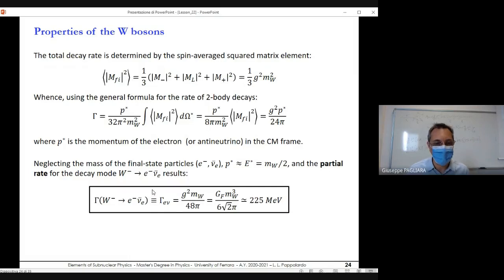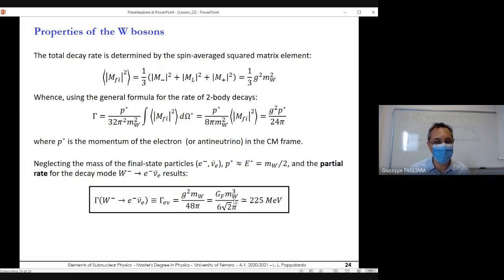Okay, and so what we obtain at the end of this story is the partial width for the decay of the W into electron neutrino, in terms of quantities that we can calculate or measure. We have the coupling, the mass of the W, and some constant. Last time we also derived the connection between G squared and the Fermi constant, if you remember. So you can also write this in a totally equivalent way in this way.